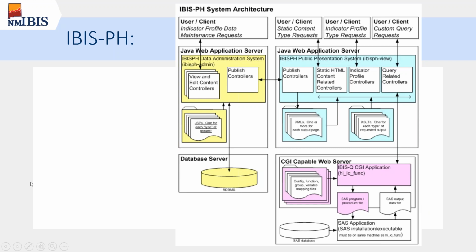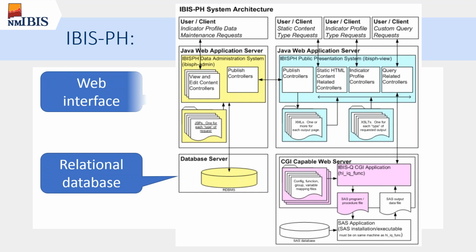IBIS Admin, the yellow part here, has two parts. It has a relational database and a web interface. So the relational database contains the data for your reports. And when we talk about data for indicator reports, we mean all the numeric and text content in your indicator report, not just the numbers and the graphs.